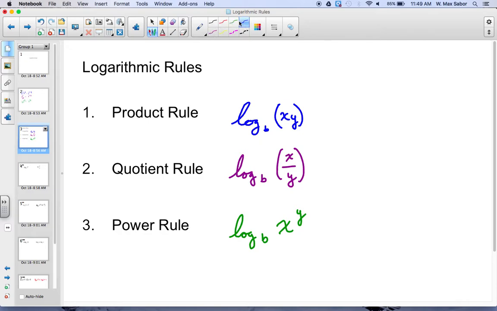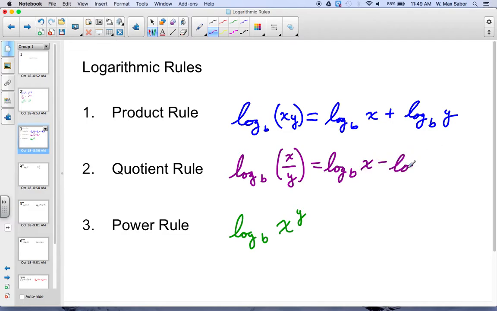So with logarithms, the product rule says if we take the log of a product, that's the same thing as the sum of the separate logs. When we take the log of a quotient, it's the difference of those different logs.